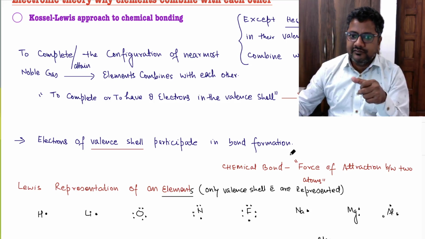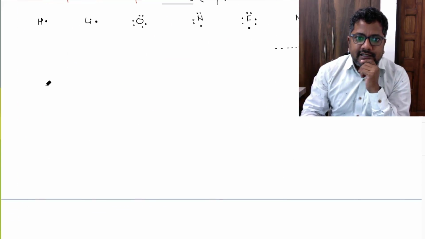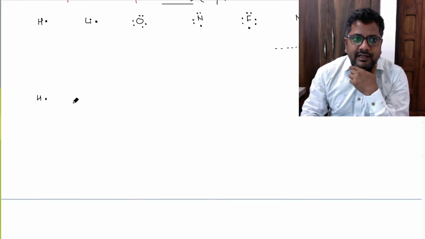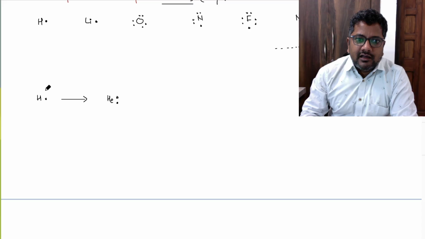For example, suppose we have hydrogen. Hydrogen has only 1 electron. Its nearest noble gas is helium. So hydrogen always tries to attain the configuration of helium.